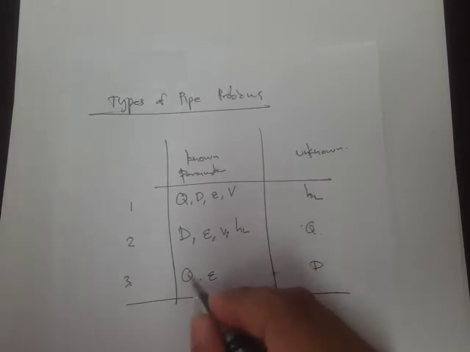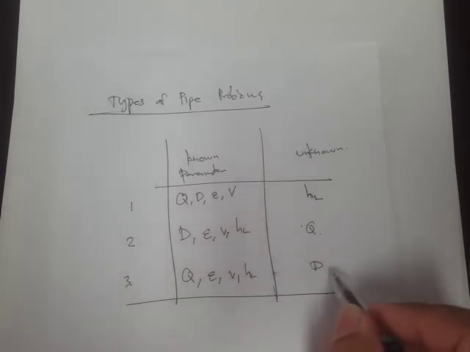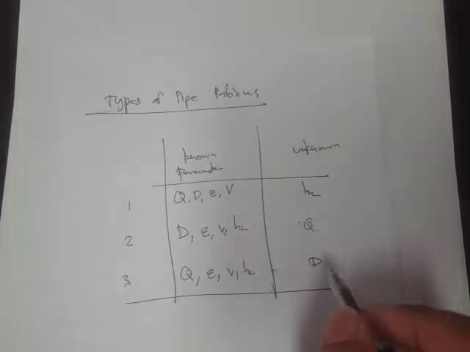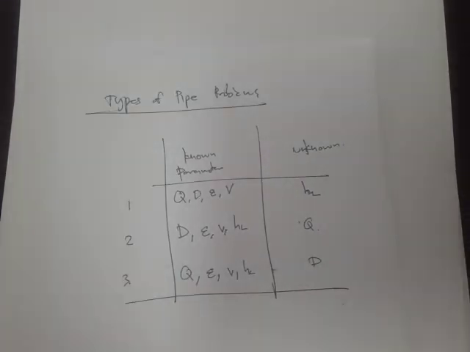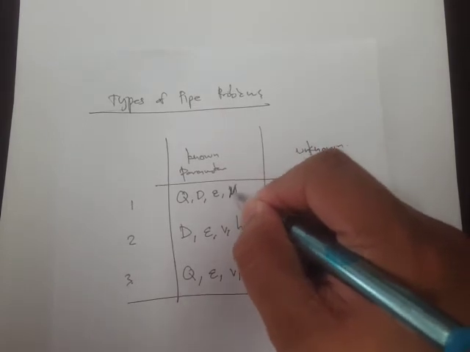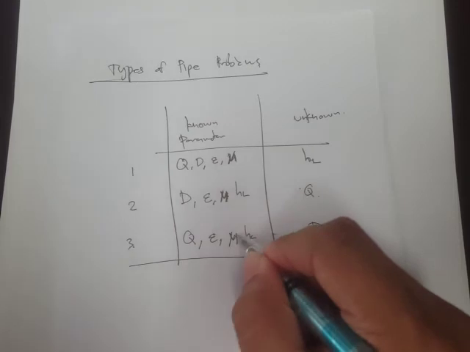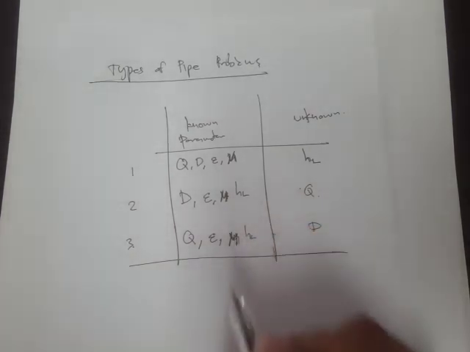Here we are given the flow rate, the surface roughness, the velocity, and the head loss, and then we are to find the diameter. And by the way, I guess these should be viscosity.